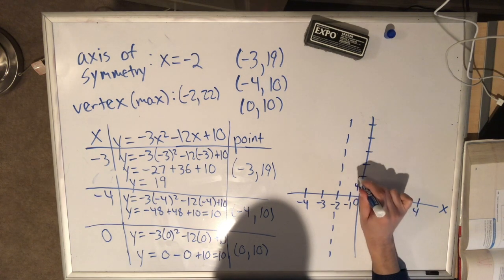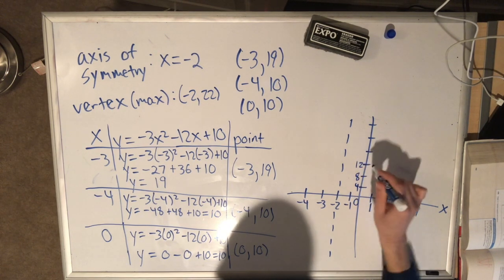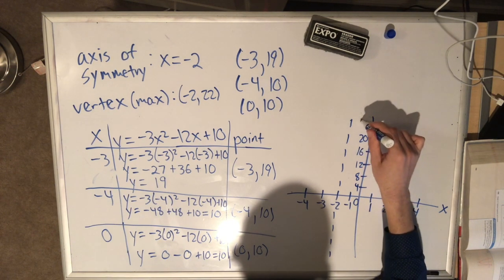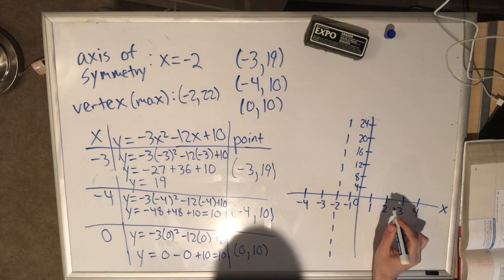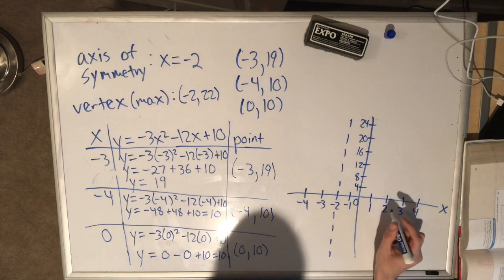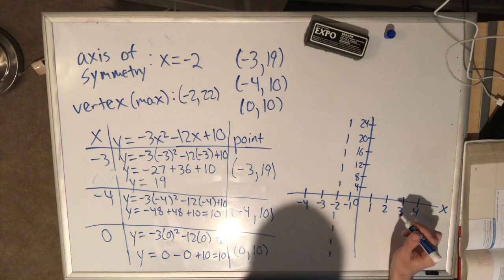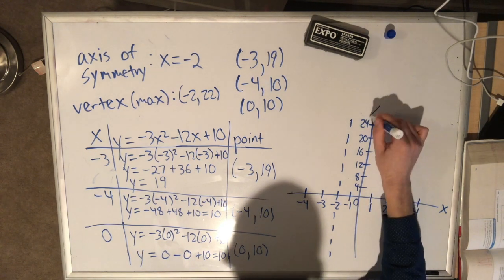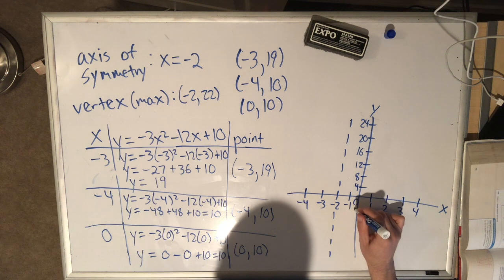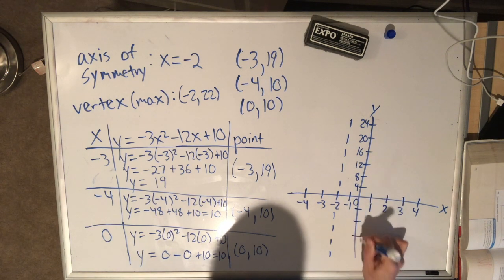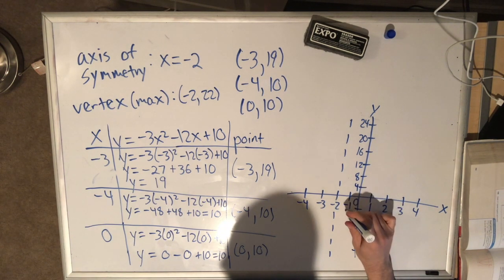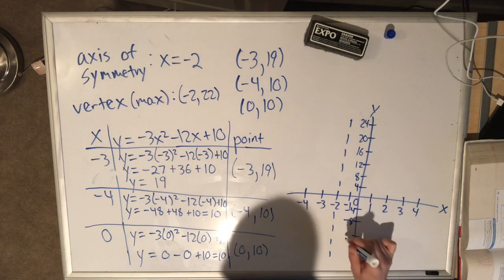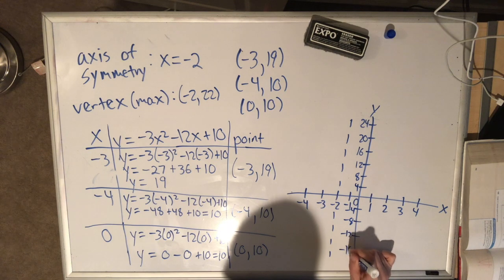All right, so 4, 8, 12, 16, 20, 24. And let's put a few tick marks on the negative y-axis. And let's go down by 4. Negative 4, negative 8, negative 12, negative 16.